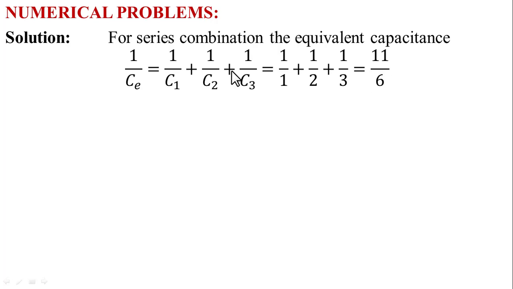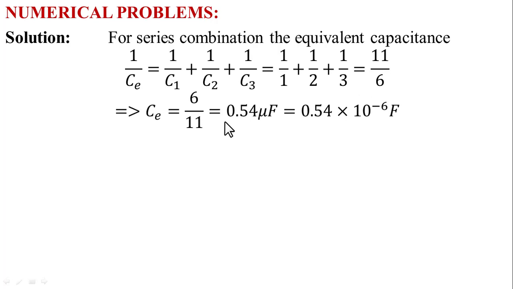So 1 upon equivalent capacitance is equal to 11 upon 6. Now taking the reciprocal, C equivalent is equal to 6 upon 11, that is equal to 0.54 microfarad. So this value is 0.54 multiplied by 10 raised to power minus 6 F.